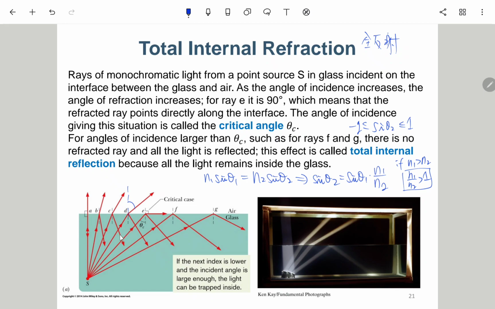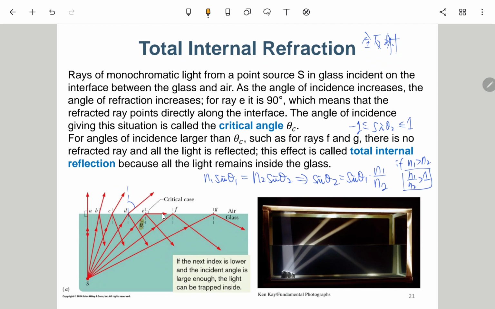Okay, so if theta 1 is large enough, or at some point, if theta 1 equals theta c, which is called the critical angle, such that this whole thing will be 1. Okay, so this is the maximum incident angle such that the output ray can be defined.